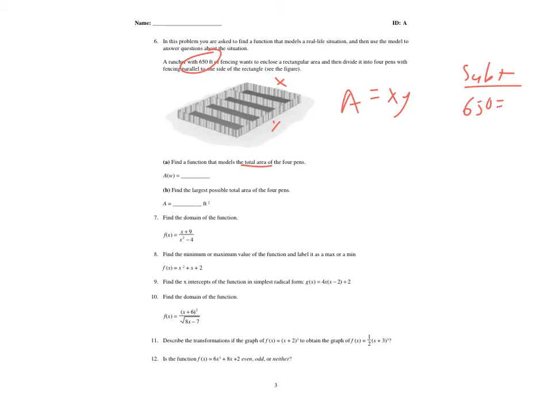And so I know here that I have, if I count the fences here, it looks like I have 5 x's, so it'd be 5x, and then 2y. And so I'm going to isolate one of these variables. I'm going to go ahead and isolate y, and then plug it into the other equation.